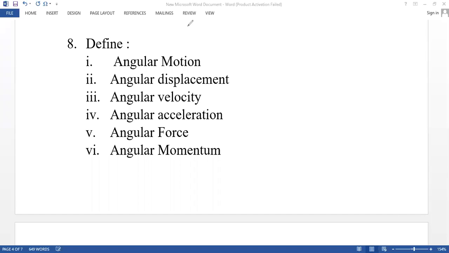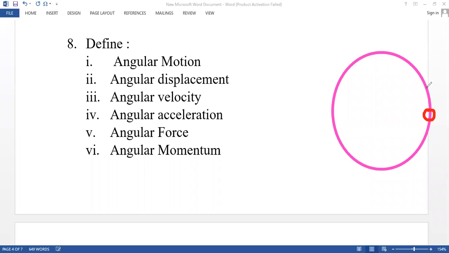Think that the object is here, and after some time it moves in this circular way and is situated in this place. So what is the angle created by the object at the center?